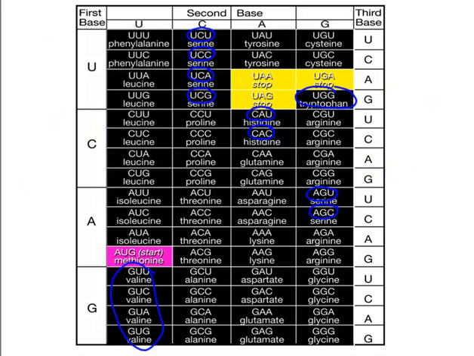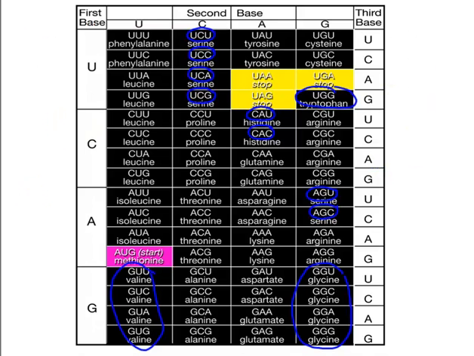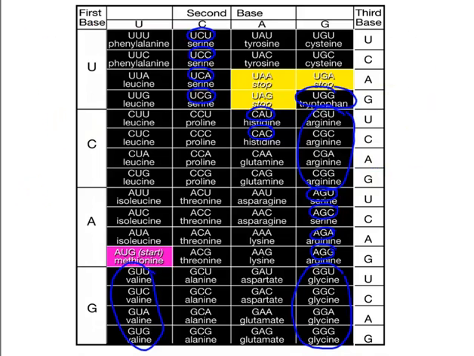Glycine, you scan through, and we see that glycine can be encoded by these four codons, so we're going to write that as GG dash. Then we have arginine, so arginine can be AGA or AGG, but it can also be these four. So let's first write CG dash, and then also AGA and AGG.